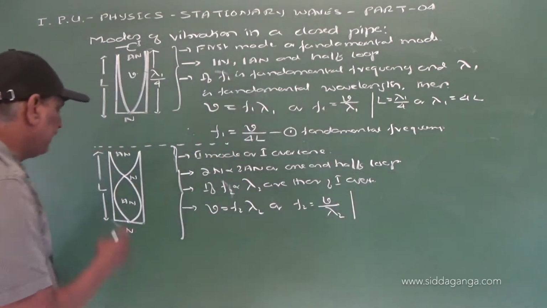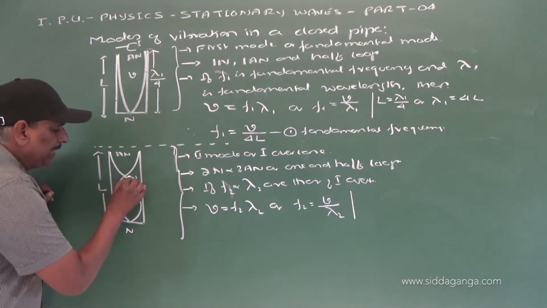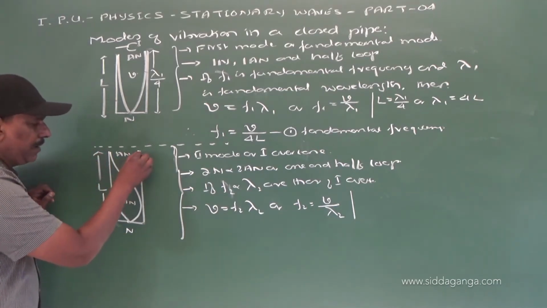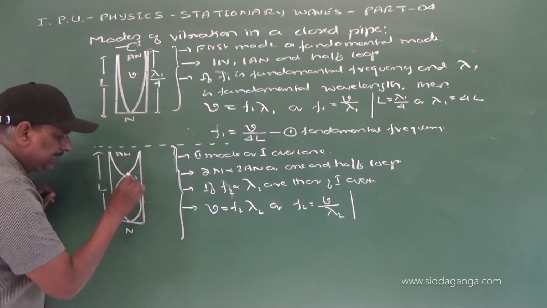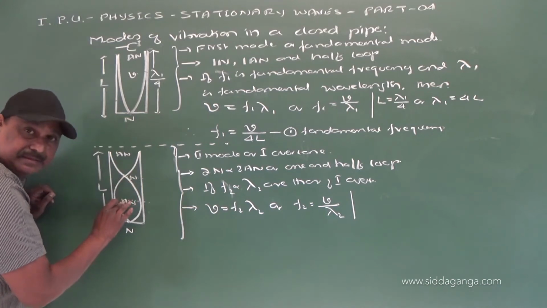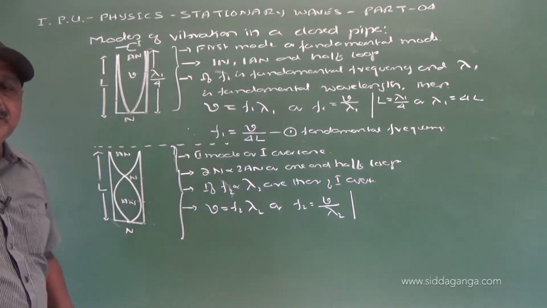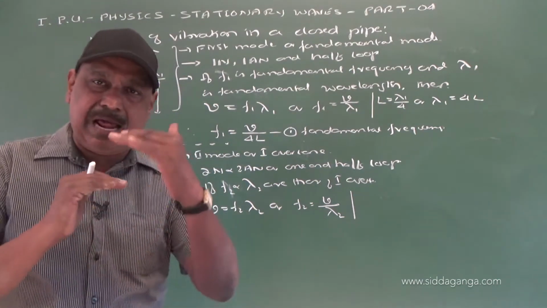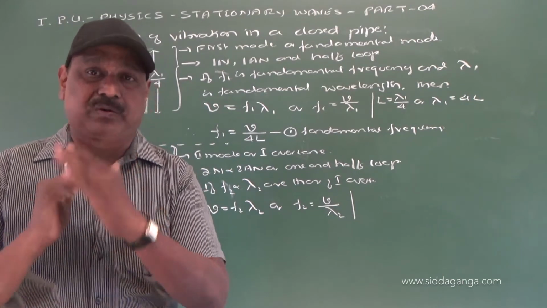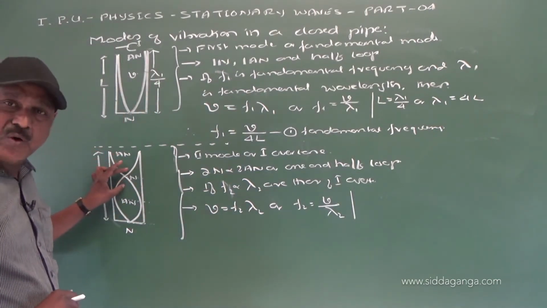Now lambda 2 is the wavelength. Up to here it is lambda 2 by 3. Again up to here it is lambda 3 by 3. That means the length of half a loop is lambda by 4, or in this case lambda 2 by 4.